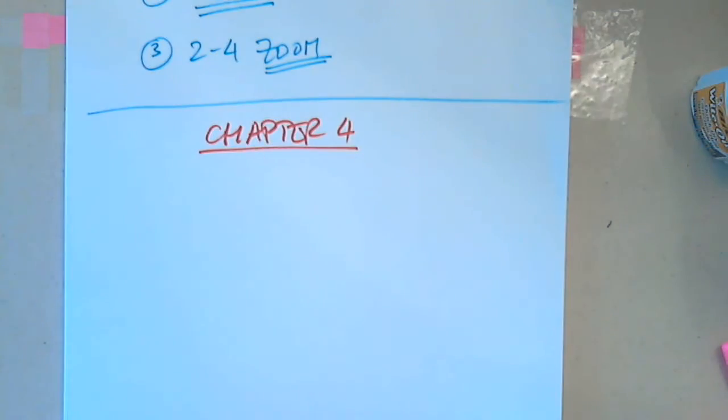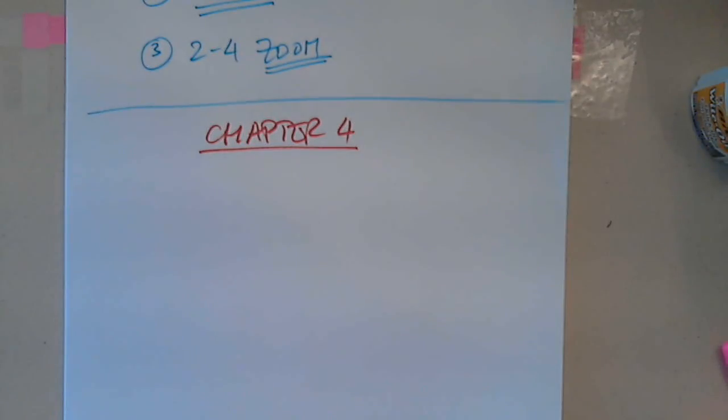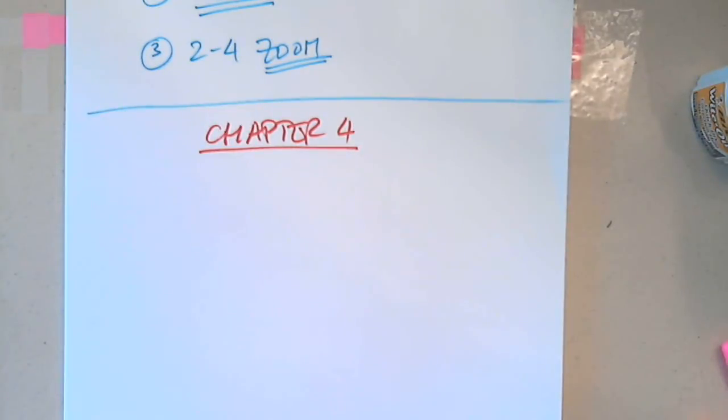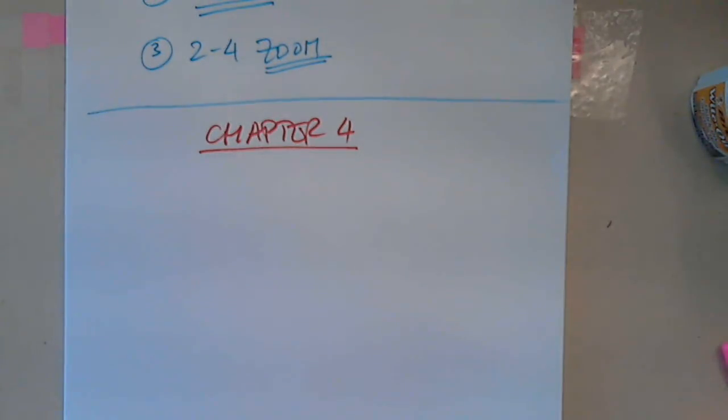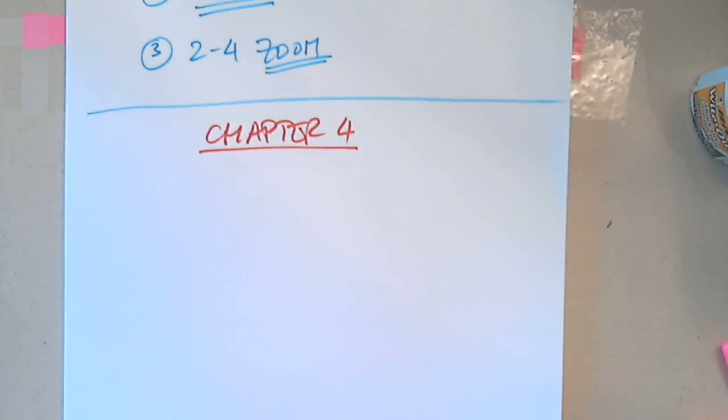There are 2 functions in this chapter that we have to talk about. And the rest are just systems and series. So Chapter 5 and Chapter 6 will deal with systems, either equations or inequalities. And the last section is on sequences and series.